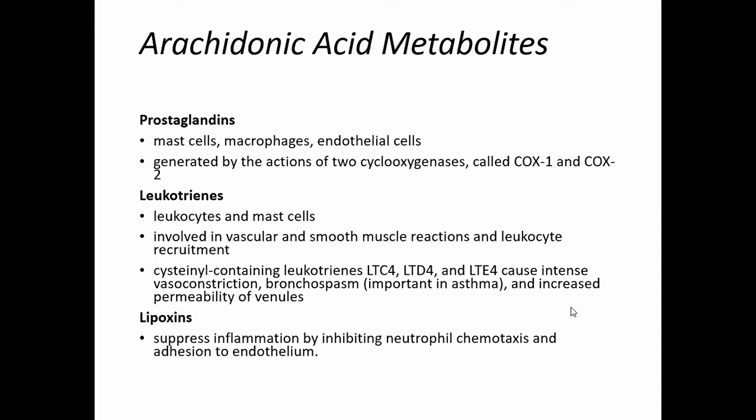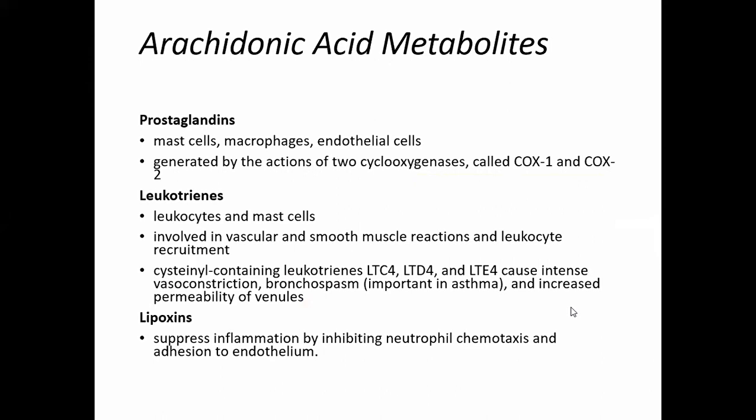Leukotriene B4 is a potent chemotactic agent and activator of neutrophils, causing the aggregation and adhesion of the cells to the vascular endothelium, generation of the ROS, and the release of lysosomal enzymes.